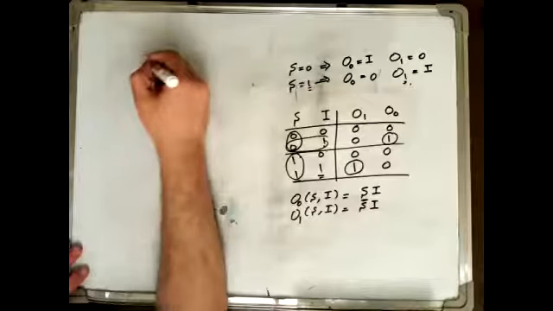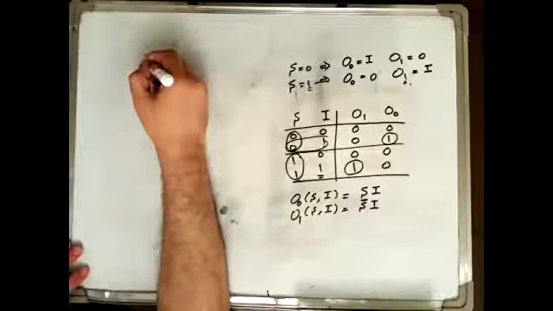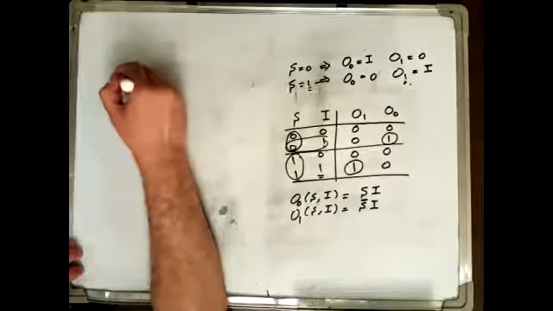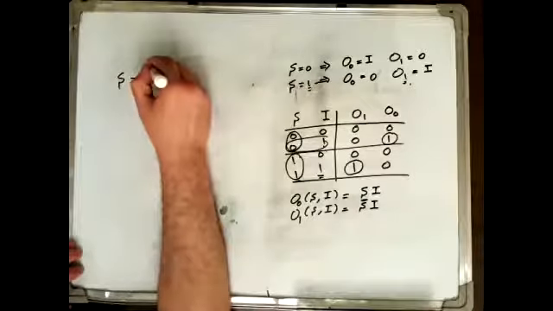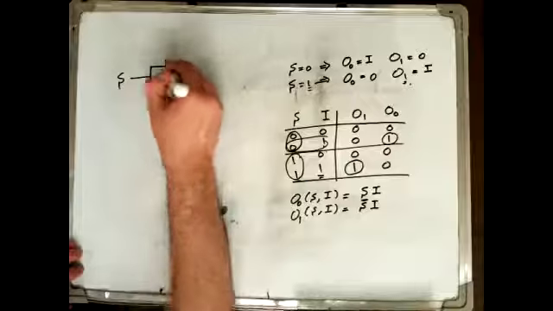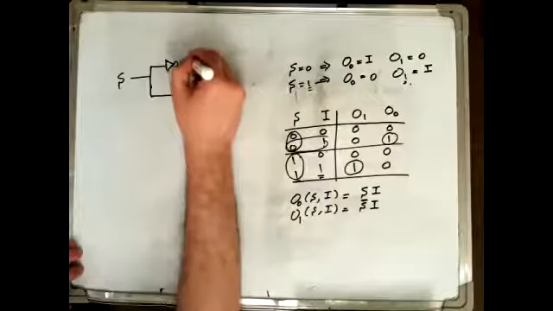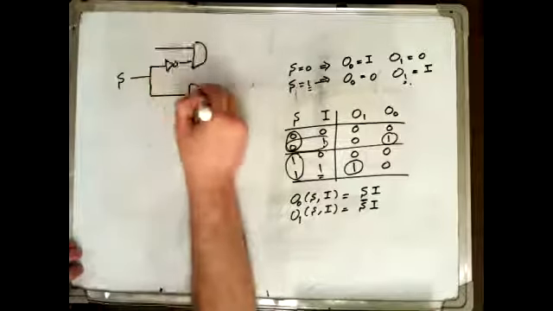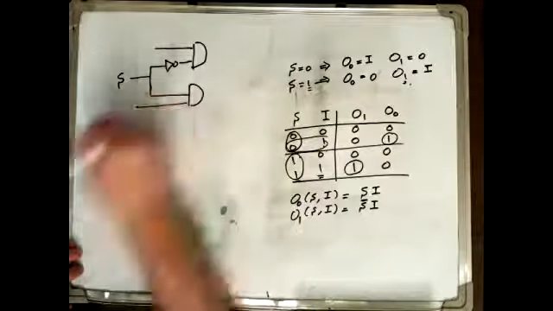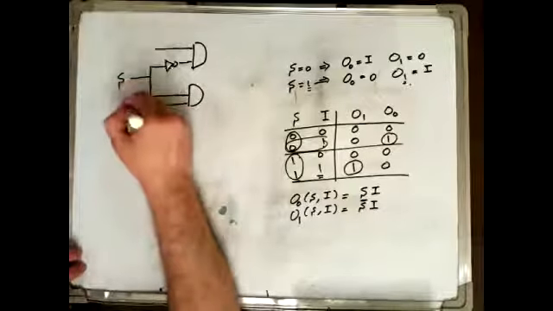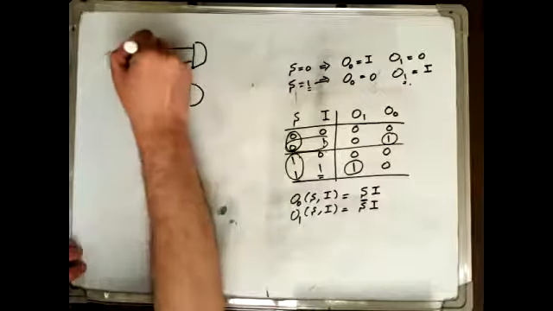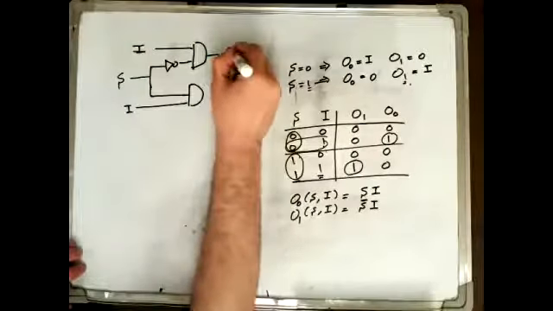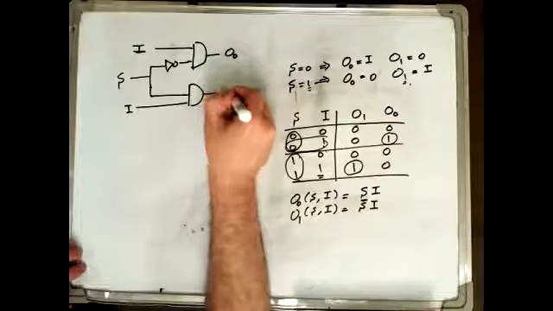Let's draw the circuit. We have S, S bar, and here we have I, and here we have I. And this is output 0, and this is output 1.